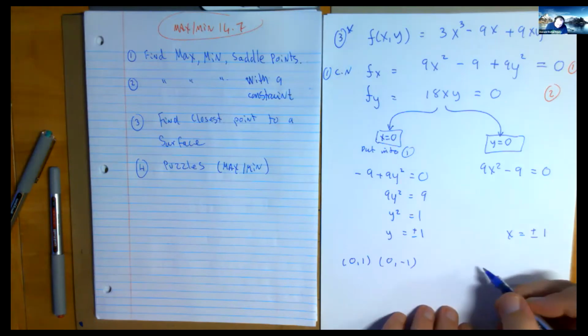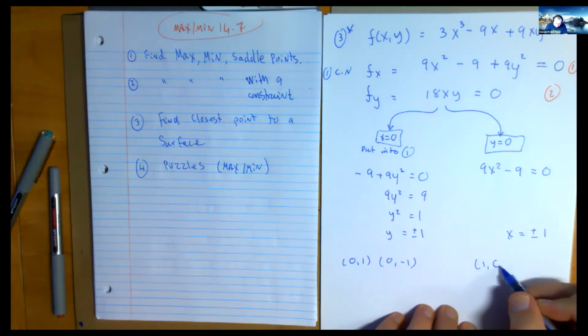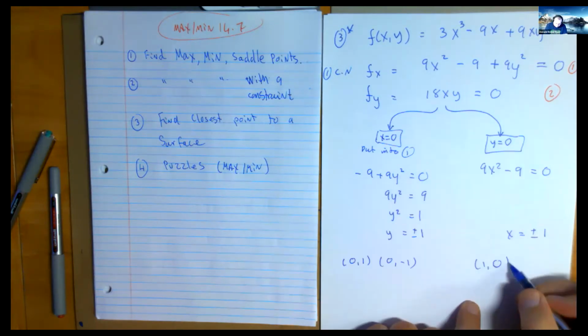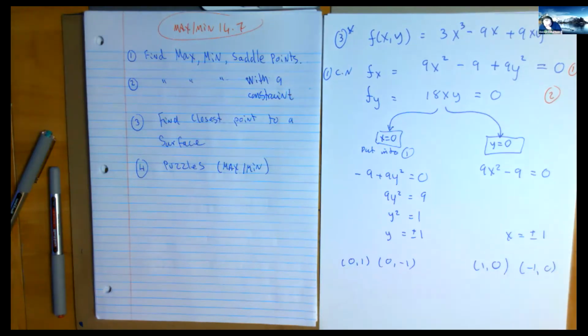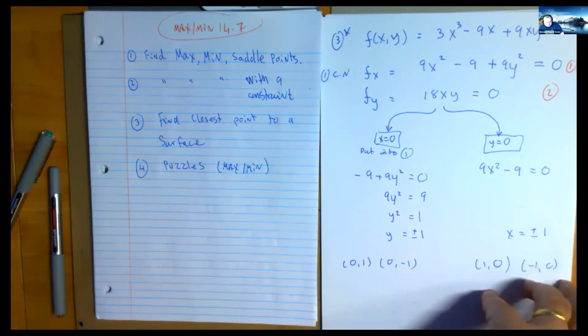And that generates 1, 0, and negative 1, 0. So there are 4 critical numbers. There are 4 places where a local max, a local min, or a saddle point can happen. And those are the only 4 places that they can happen. So that's phase 1 done.